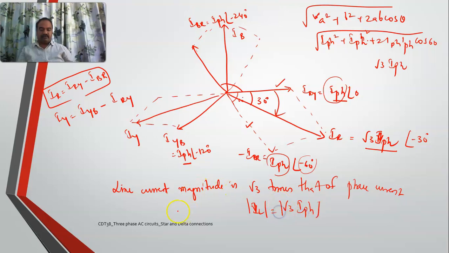But from the angle's point of view, line currents lag phase currents by 30 degrees. This is the most important thing.